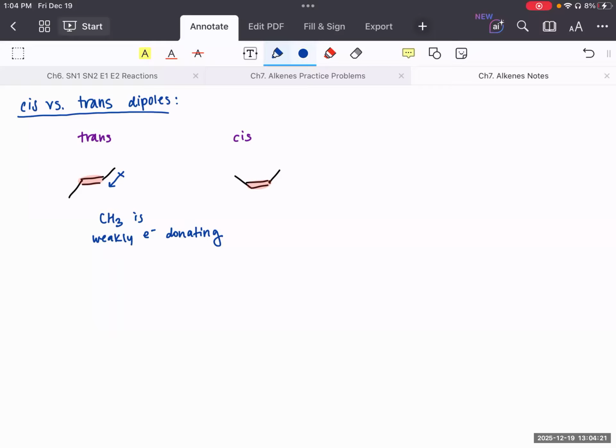In the case of the other group, we also have this dipole here, and then we can draw those in on the structure on the right as well. Each of those methyl groups independently has a small dipole.